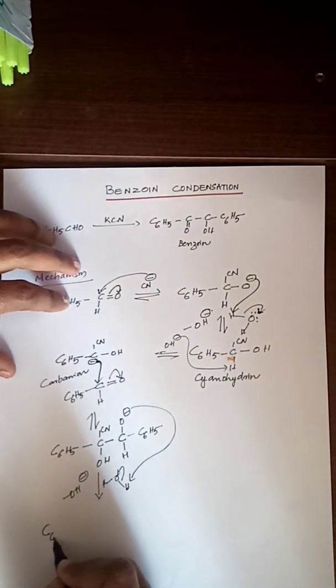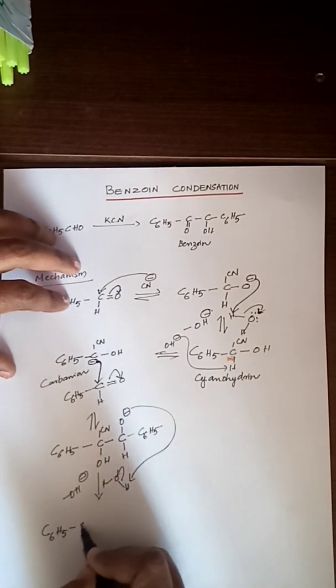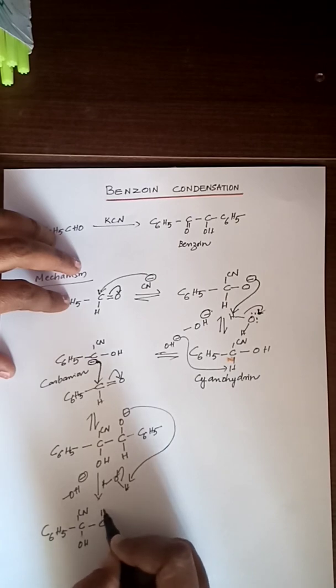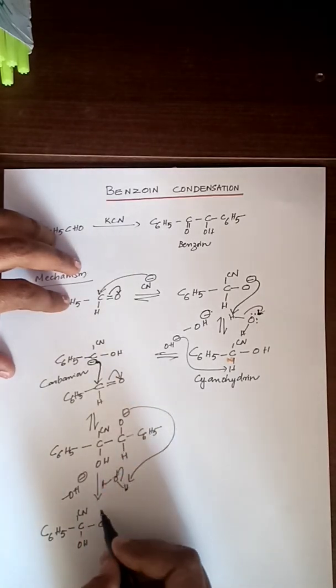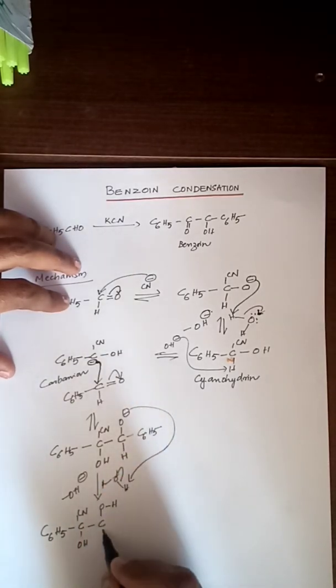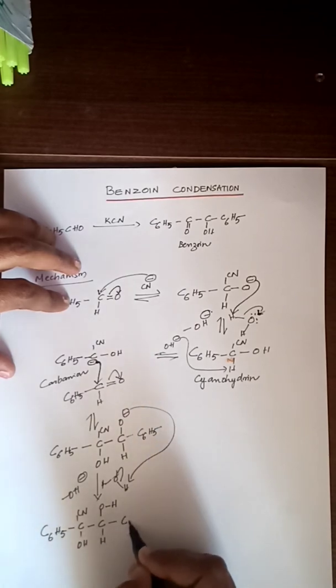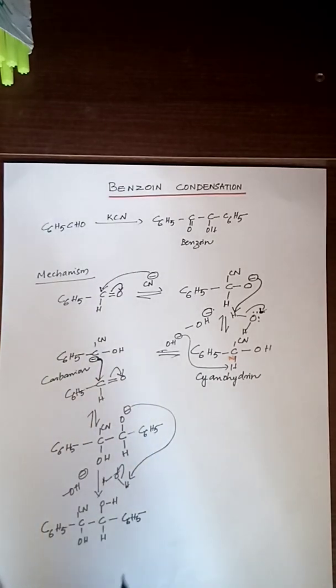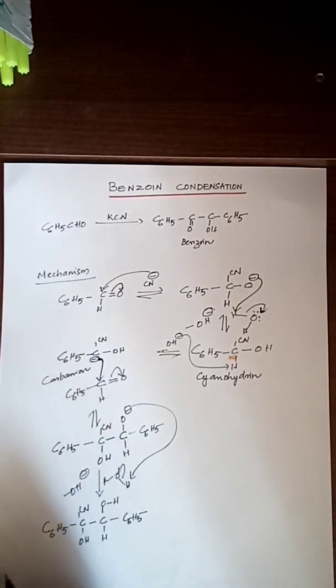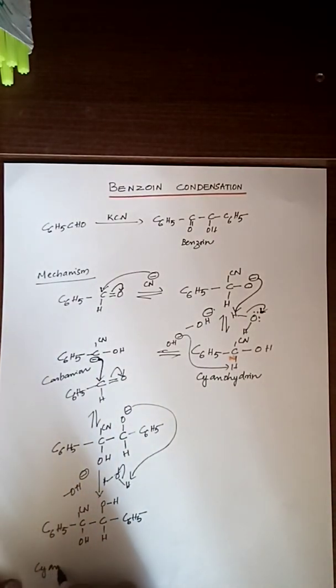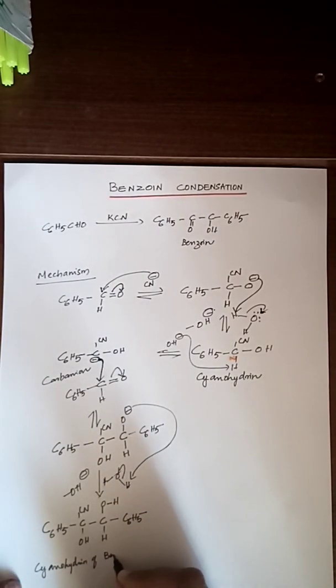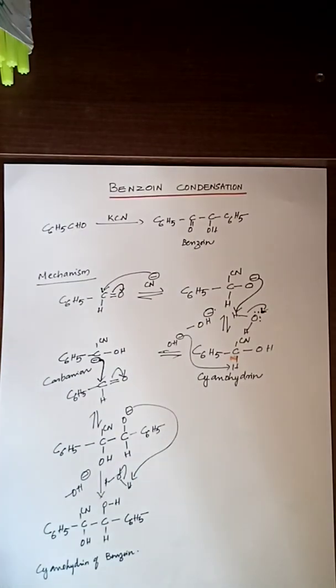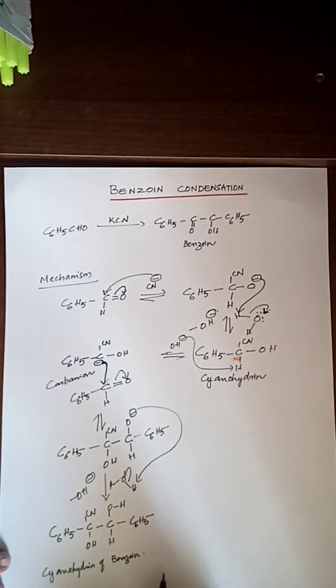This results in the compound C6H5-C(CN)(OH)-CH(OH)-C6H5, now protonated. This is the cyanohydrin of benzoin. So we got the cyanohydrin of benzoin.